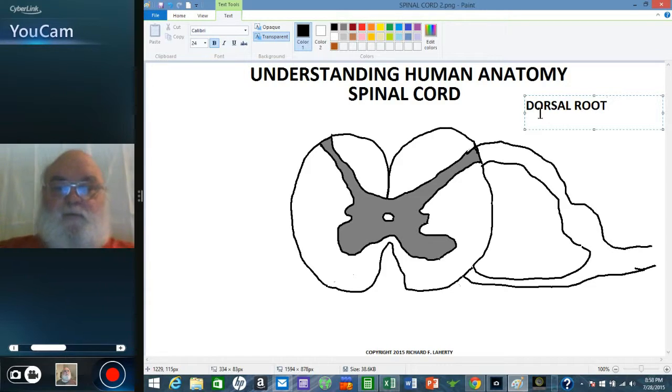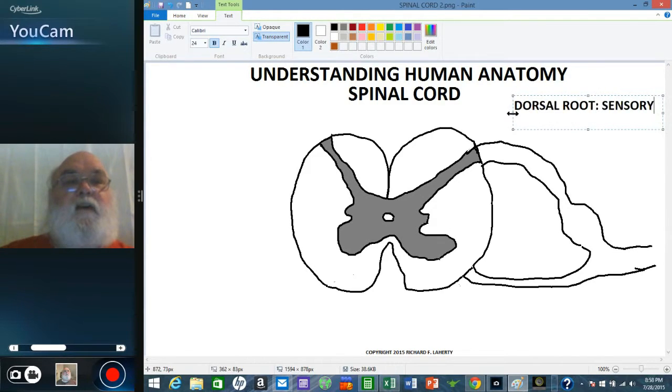The dorsal root, and what we're going to find is that in the dorsal root is only sensory information. The dorsal root is carrying sensory information to the spinal cord from the body as a whole.